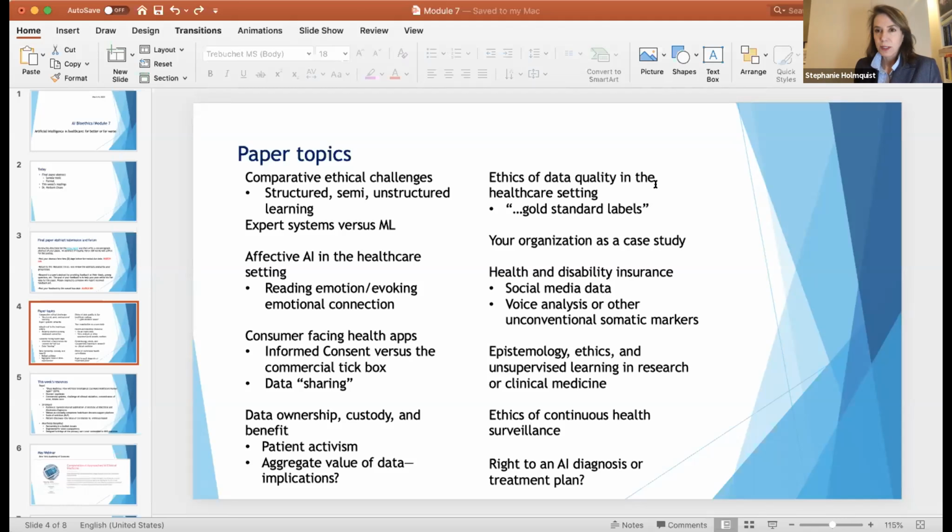The ethics of data quality, terribly important. You may have noticed in the Watson reading that there were gold standard labels that physicians were engaged in applying to healthcare data. So data doesn't explain itself. Data doesn't create its own integrity.